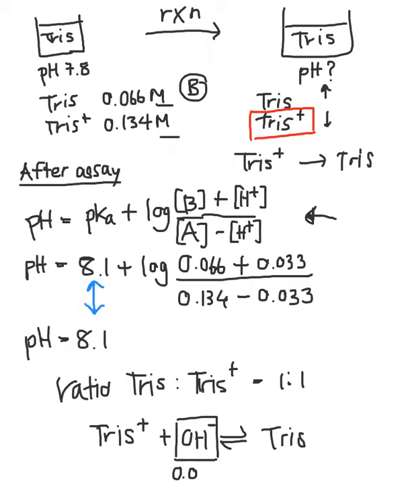In this case, it's 0.033. So you can calculate the pH if there is no buffer present in the system.